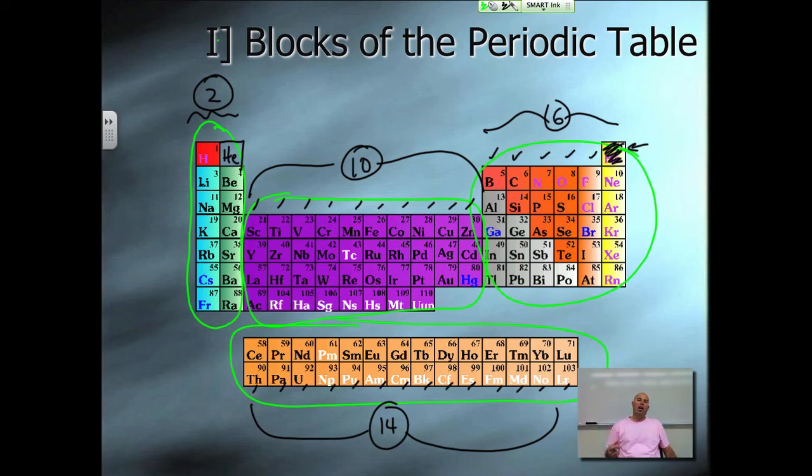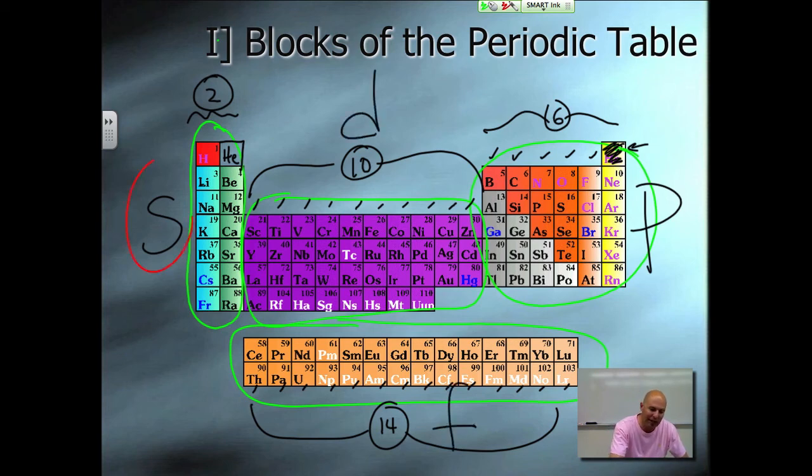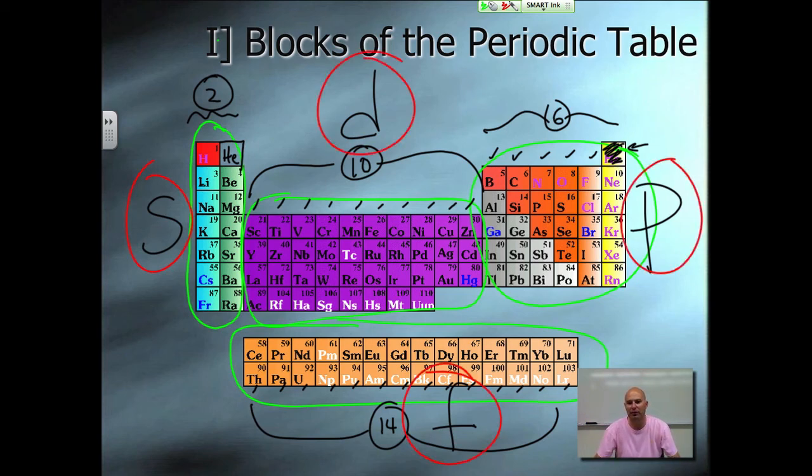These are specific blocks of the periodic table, and they're blocked by what orbital it is. So this is the S block. This one over here is our P block. This is our D block, and this is our F block. S, P, D, F. 2, 6, 10, 14.